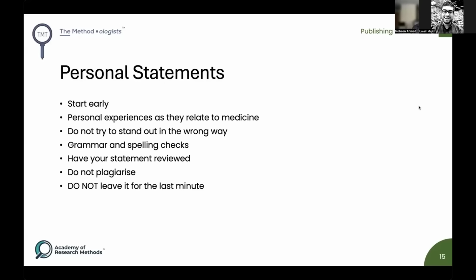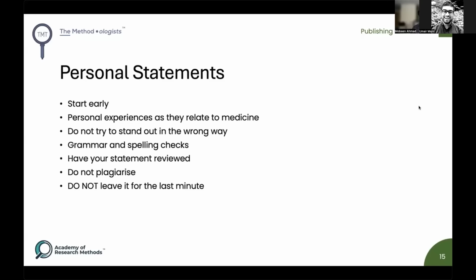So when it comes to the actual ERAS application, personal statements are something that I think are very important and get swept under the rug. I've seen a lot of people fall for this trap, thinking the personal statement is something I can write last minute, in the last week before applying to residency.